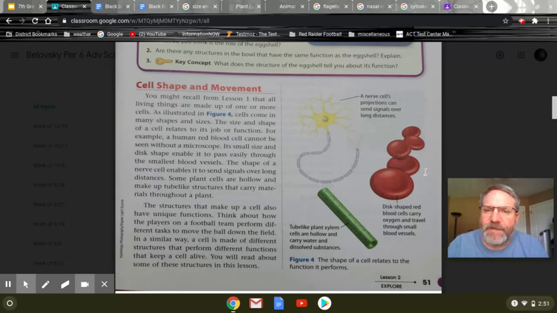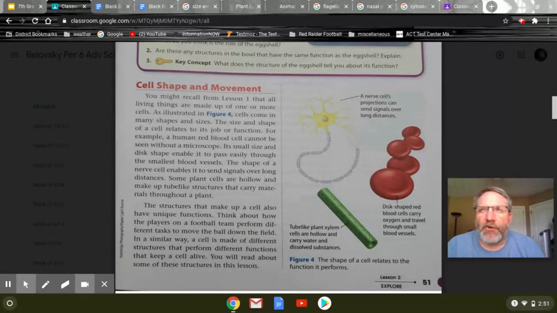This next picture right here shows you blood cells. If you'll notice, they have a disc appearance to them. They are shaped kind of like a pie tin, a pie pan. That makes them flexible, so that they can move around as they flow through your blood vessels.